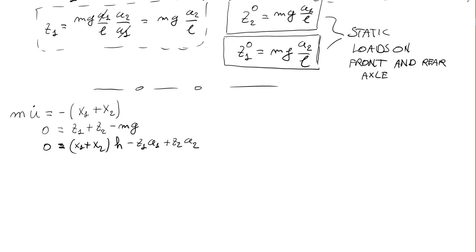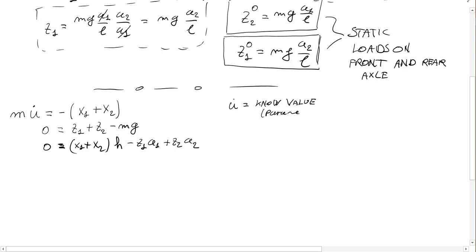So let's assume that we know u dot. For example, u dot is equal to a value, a parameter. We know u dot.